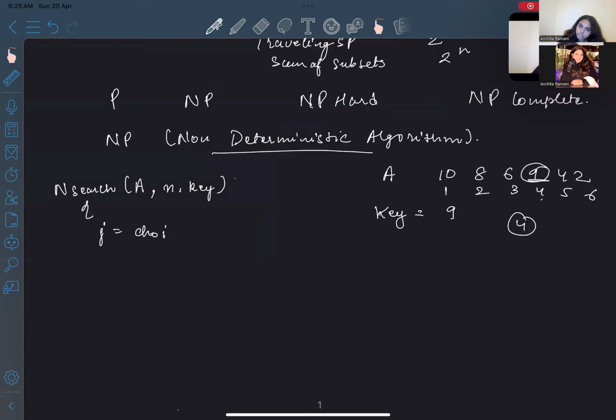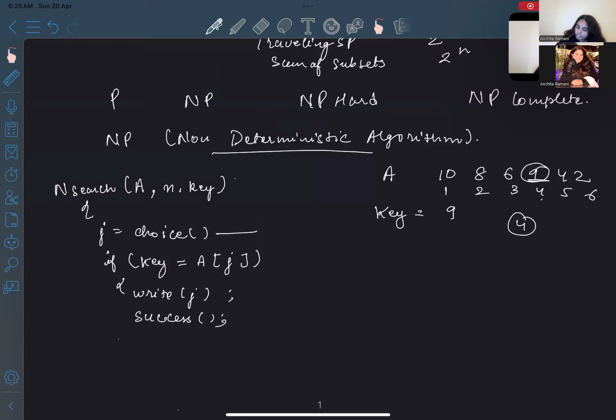So j is equal to choice, let's say. And if key equals the array element at j, so we give a condition like this. Just for your reference, I'm writing this.